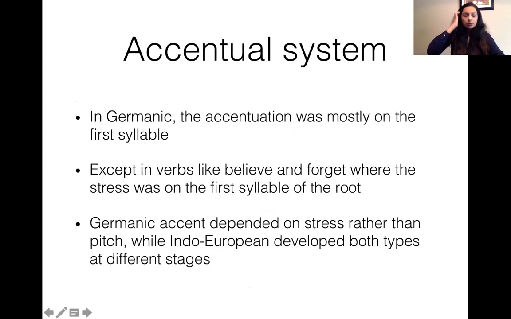The accent system is also different between Germanic and English. In Germanic, the accentuation was mostly on the first syllable, except in certain verbs like believe and forget, where the stress was on the first syllable of the root. So instead of the first syllable, B, it was on L, and in forget, it was on G. And the Germanic accent depended on stress rather than pitch.